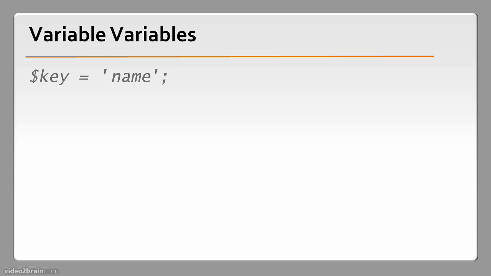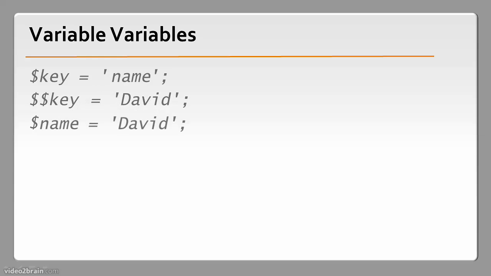To create a variable, I precede the original variable with another $ sign and then assign it a value, and the result is this. It creates a new variable using the original name. So if $key is email, it'll create a new variable called $email, and if $key is comments, it'll also create a new variable called $comments.